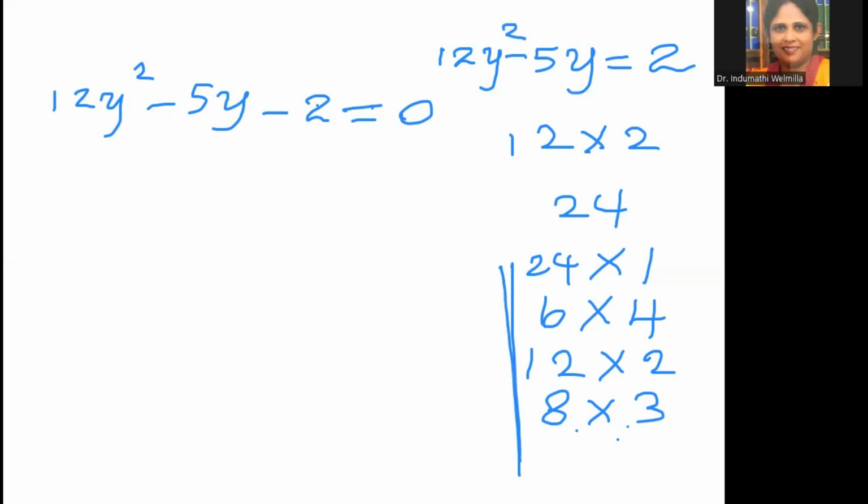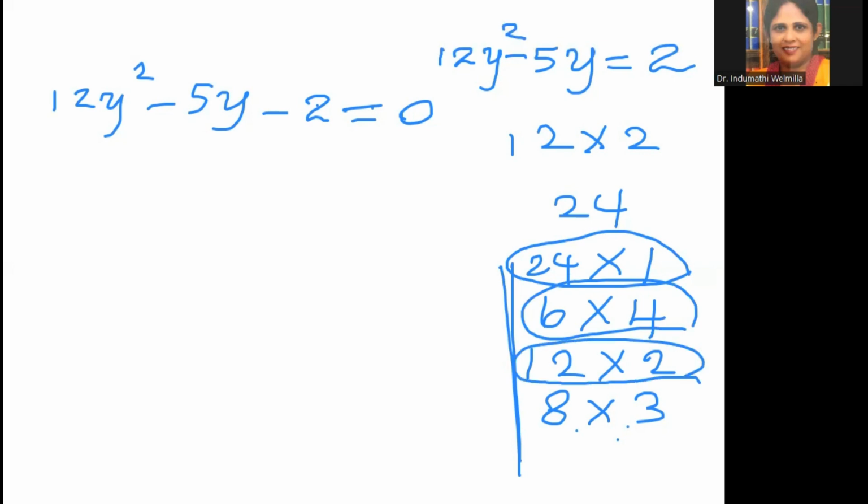That is 5, right? When we consider this one, adding 24 and 1, we cannot get the 5. 6 and 4 also not 5. 12 and 2, when we subtract, 14 or 10, again it is not equal to 5. But when we consider this one, when we subtract 3 from 8, we can get the 5.